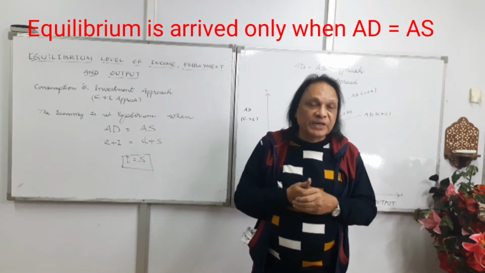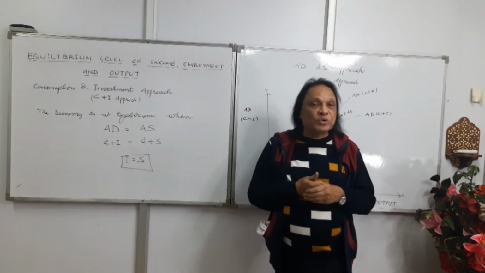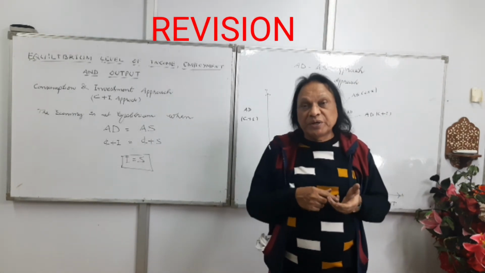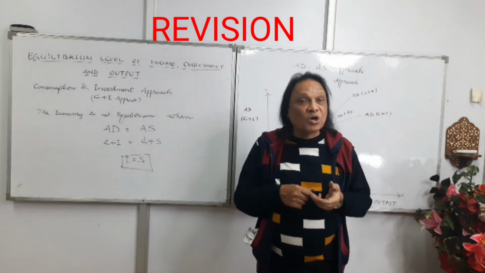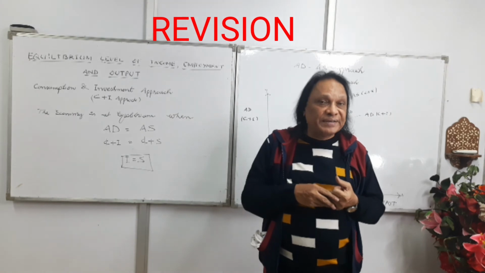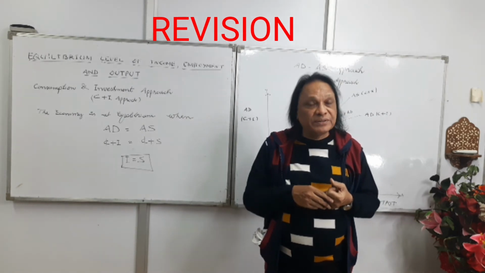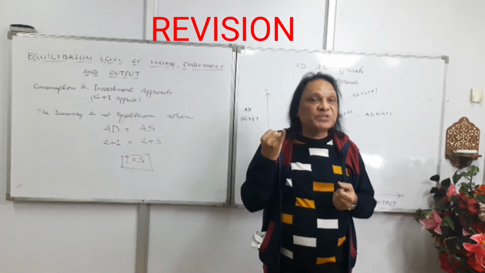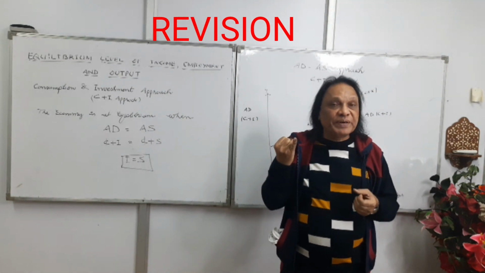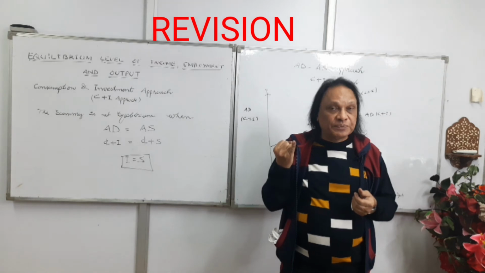I repeat once again, we are discussing the C plus I approach, or AD and AS approach, of determination of income, employment and output in the economy. According to J.M. Keynes, John Maynard Keynes, this is the first point, remember, this way it becomes easier: the economy will be at equilibrium when AD is equal to AS.